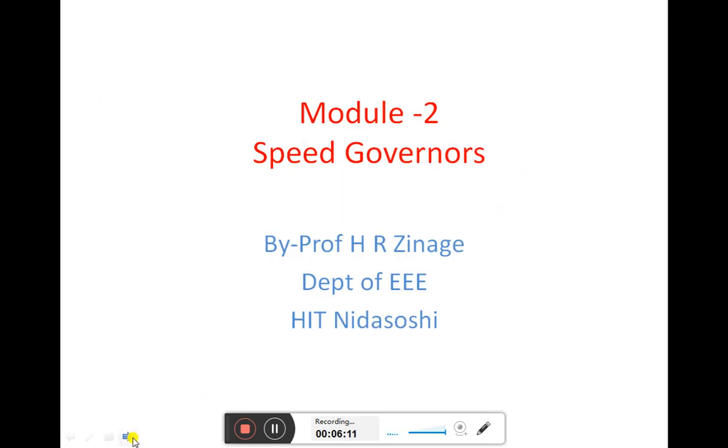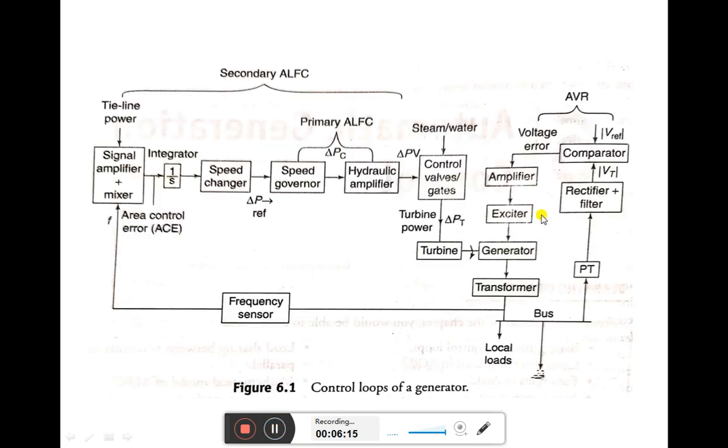How can we obtain that boost in voltage? By increasing the field current flowing through the exciter. If the field current flowing through the exciter increases, the flux produced by the exciter will increase, and the EMF induced in the generator is directly proportional to d phi by dt.